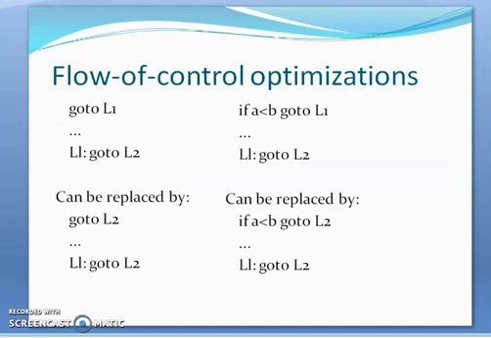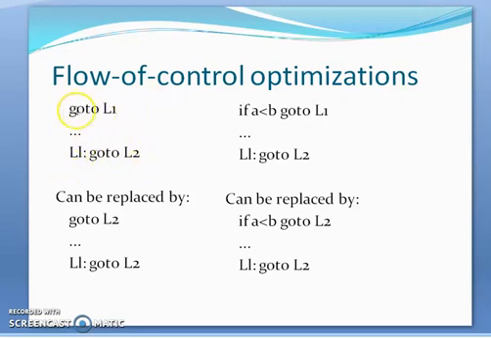The next topic is flow of control optimization. What is flow of control optimization? We can reduce the number of flows. See the example: go to L1, and L1 again goes to L2. This is called branch chaining. This branch will again call another branch.